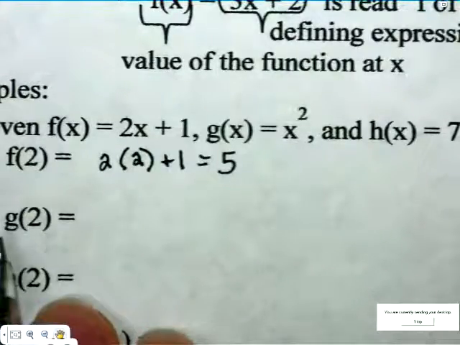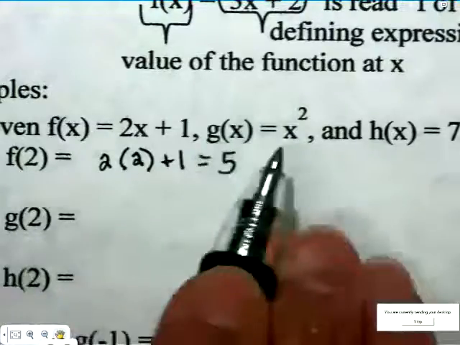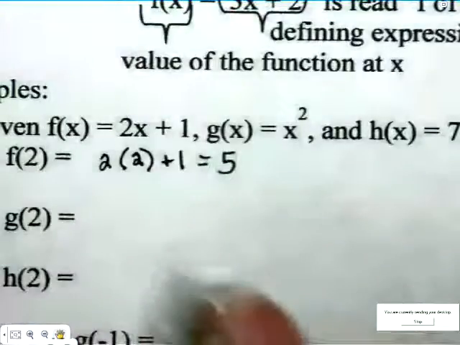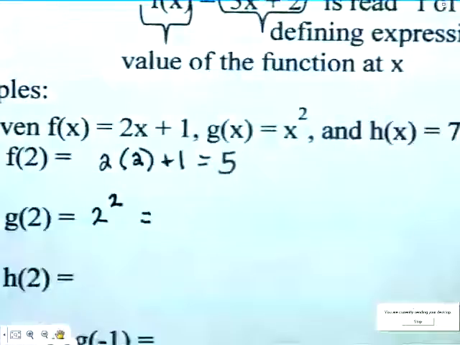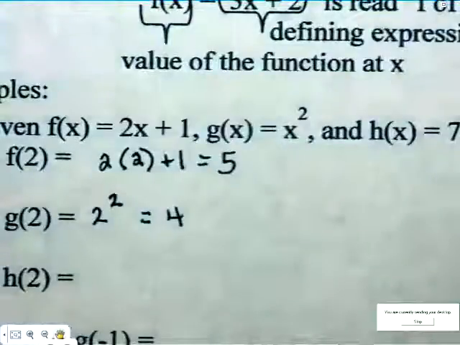Example 2 says find g of 2. That means put 2 into the function g in the place of x. Well, g is a squaring machine, so if you put in a 2, it's going to spit out a 4. The ordered pair (2, 4) would be a point on the graph of the squaring function.